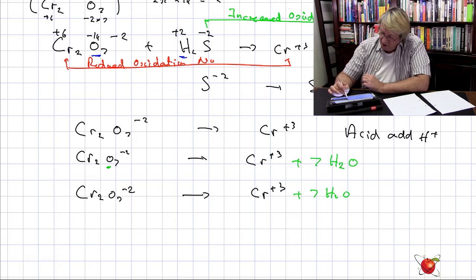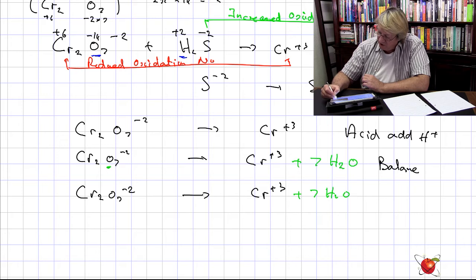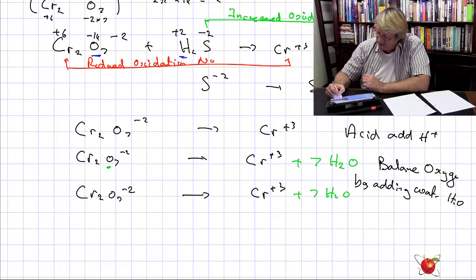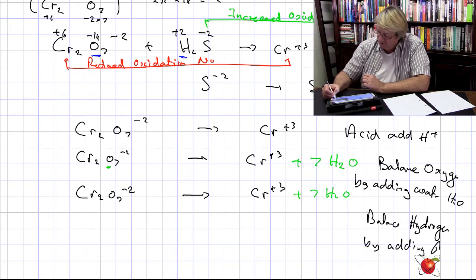So first of all, we balance oxygen by adding water, H2O. Second step, we balance hydrogen by adding an acid.